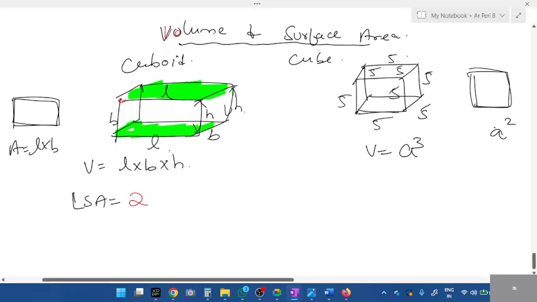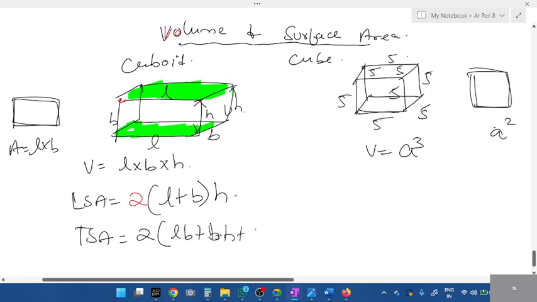We don't consider top and bottom. You'll have questions. 2 into L into B, L plus B into H. Total surface area: when it comes to total surface area, all the four sides plus the ceiling and bottom. In the room, wherever the fan is located, that top part as well as the floor. Ceiling and floor together. The formula for this is 2 into LB plus BH plus HL. L stands for length, B stands for breadth, H stands for height.